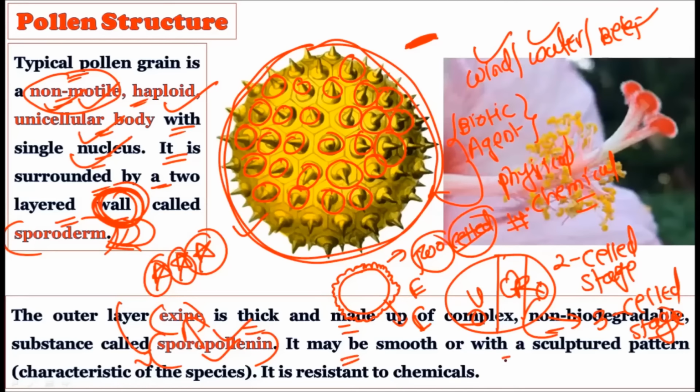It may be smooth or have a sculptured pattern characteristic of the species, and it is resistant to chemicals. This outer layer can be spiny, as you can see in this picture, or sometimes it can be a smooth layer like this. If they are spiny, it is characteristic of the species, because different species produce different kinds of spines on the outer layers.